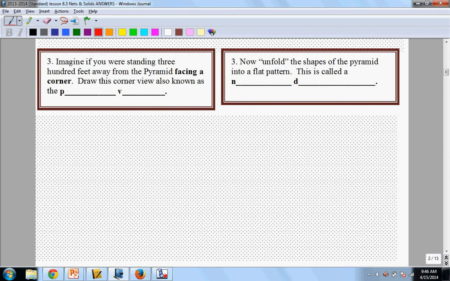Number 3 says, imagine you're standing 300 feet away from a pyramid facing a corner. Those of you who are in art, this is called the perspective view. I'd like you to draw what you would see. This is going to be a bit trickier. You're standing at the corner.